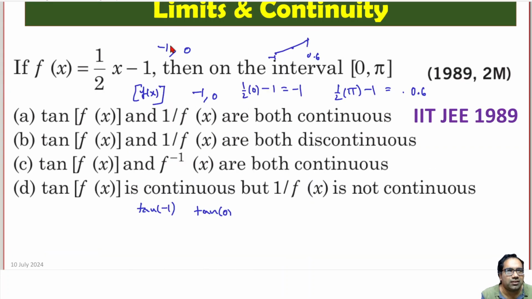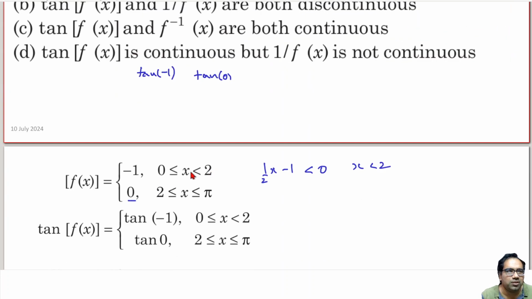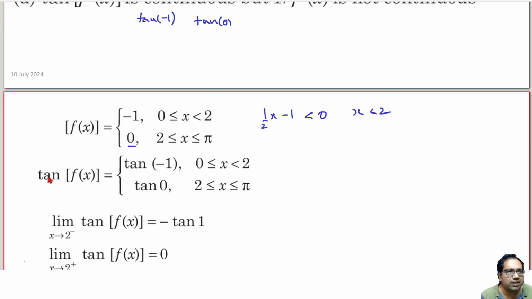Before 2, it would be minus 1, right? Half of x would be lesser than 1, and a number lesser than 1, minus 1 would be negative. So that should be minus 1. So tan of the greatest integer function of f of x is either tan minus 1 or tan 0, depending on whether x is lesser than 2 or greater than 2.